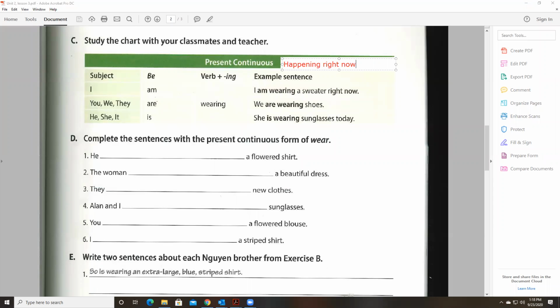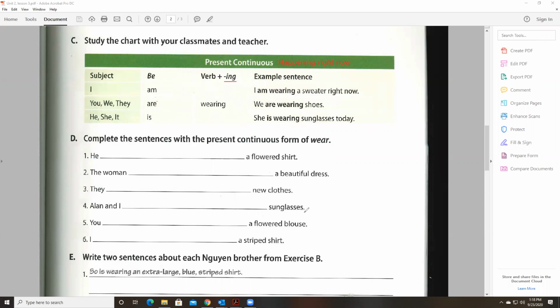When it is a verb that is happening right now, then you will add ing at the end of the verb. For example, I am wearing. It means it's something that I have on right now.